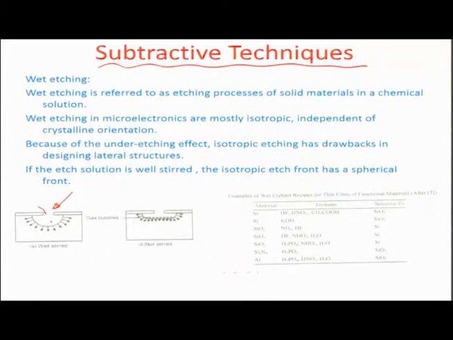So, in microelectronics one has to remember that there are two different broad classes of materials when we talk about etching processes. One is known as the etch selective layer, another is known as the etch material layer, the material that can be etched. The etch material layer and etch selective layer have a difference in principle: the etch selective layer is where the etching will stop, as the etchant meets that particular layer or surface.